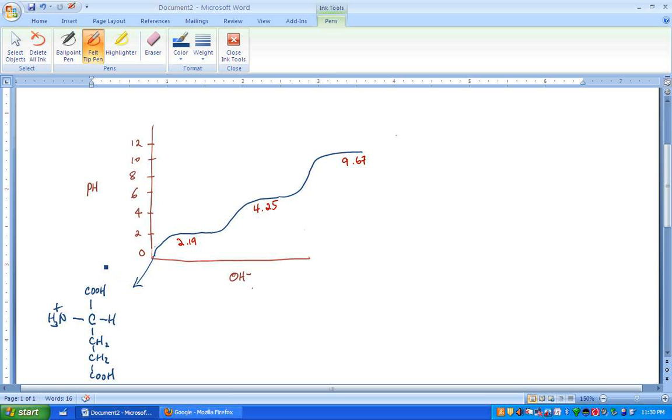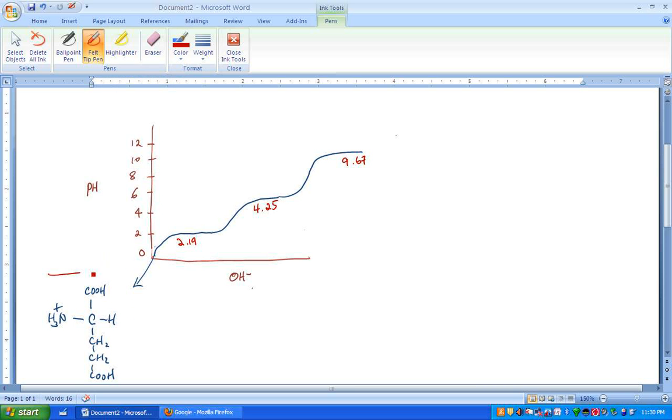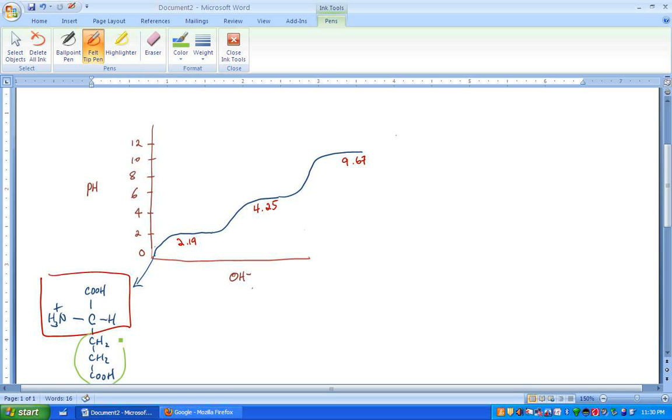I always want you to remember that this is the backbone, which all 20 amino acids have, and this part right here is what makes amino acid unique. So that's what gives rise to alanine, which has CH3 group, glycine, which has only H as the side chain, and so forth.